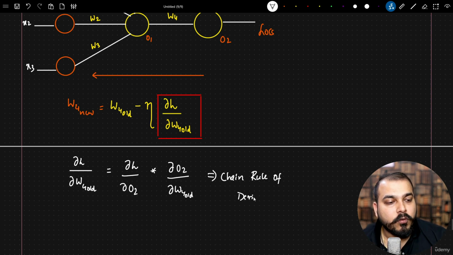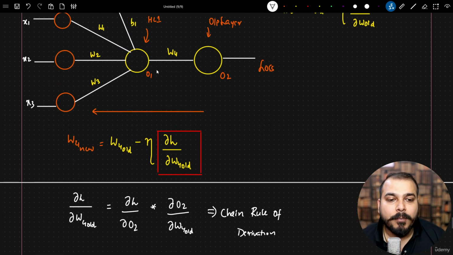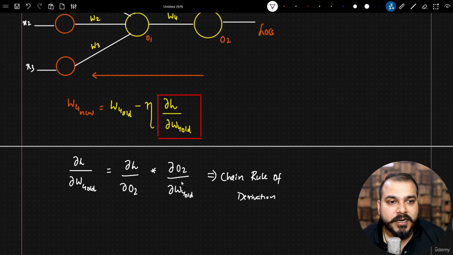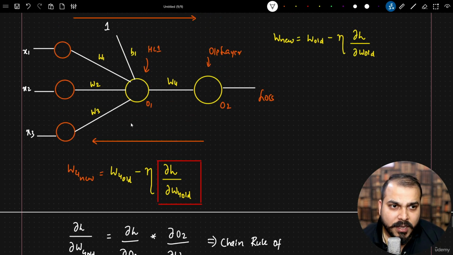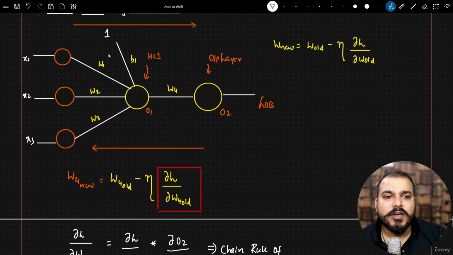Super important. And that is how we will be able to compute each and every component with respect to finding the updated weights. Whatever value we get, whether positive or negative, we will multiply it with our learning rate and then update the W4 weight. Now with respect to W4, it is fine, but let's try to update W1 or W2 or W3.